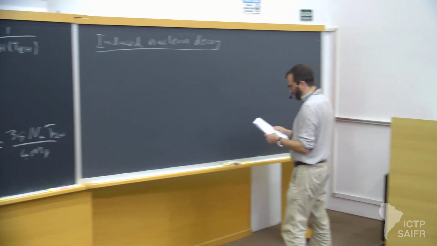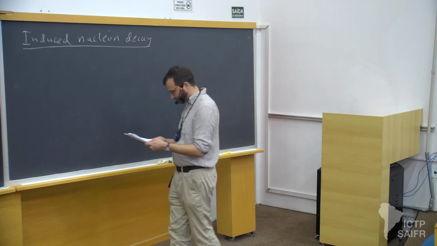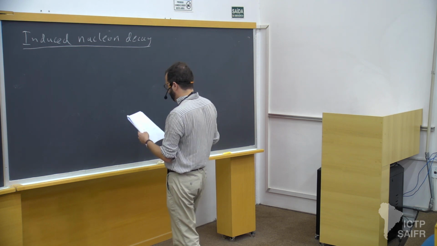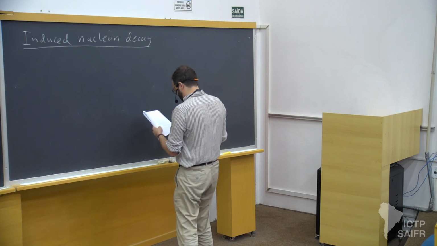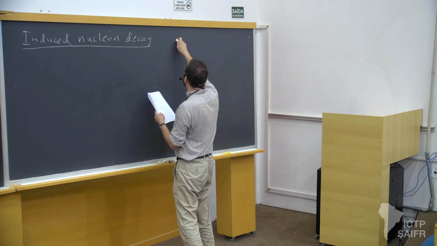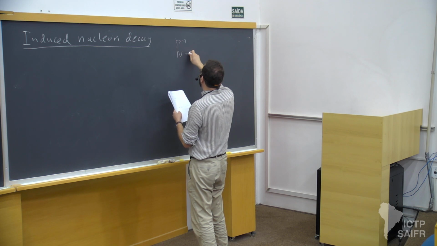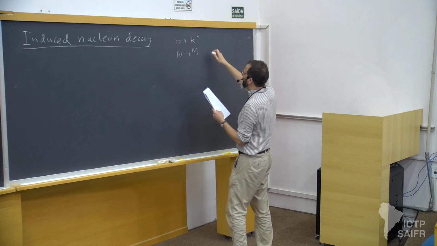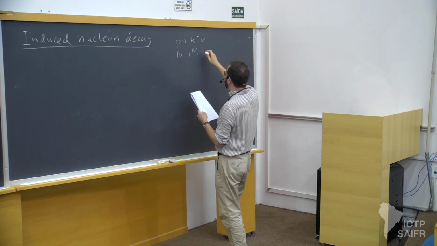Okay? So in regular nucleon decay, you have something like, let's say, a proton, so a nucleon, going to a meson, which I'll denote M, plus, in this case, a neutrino.